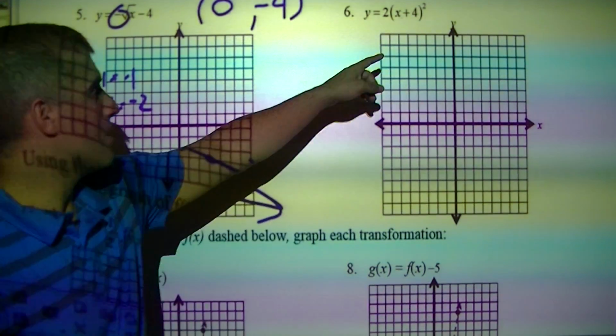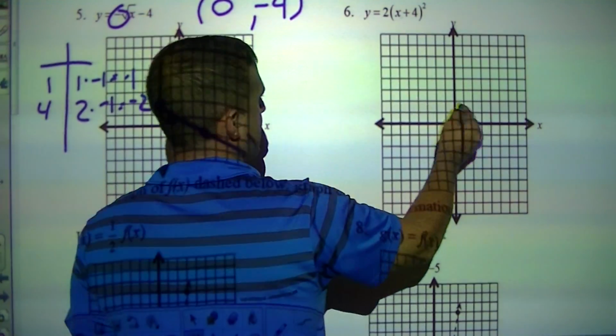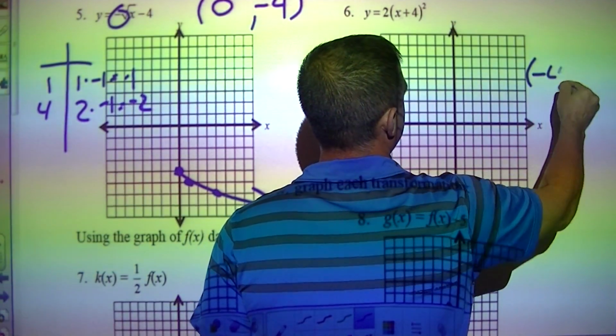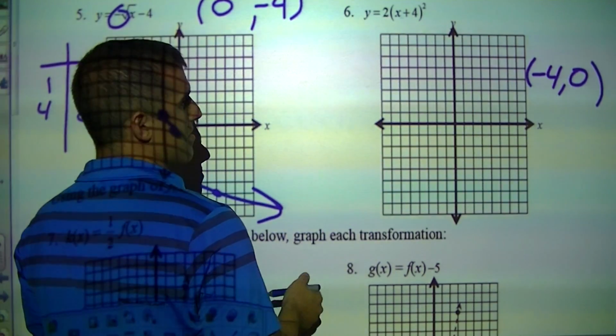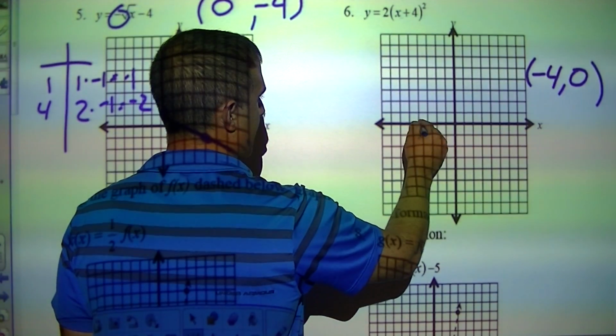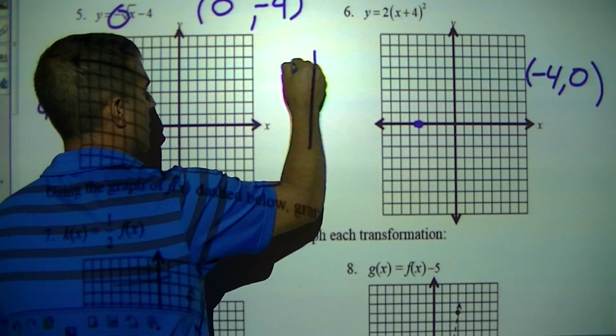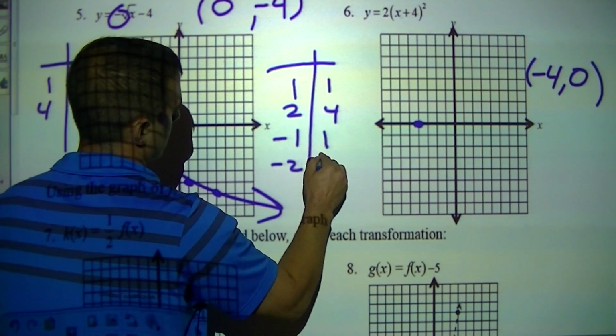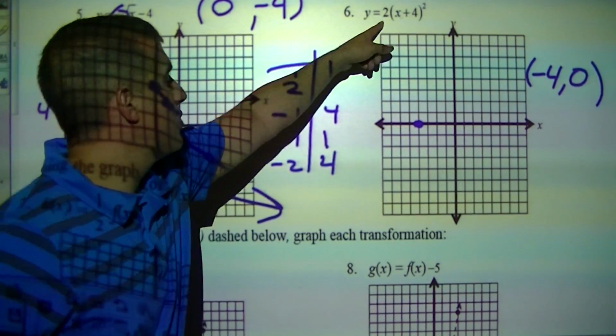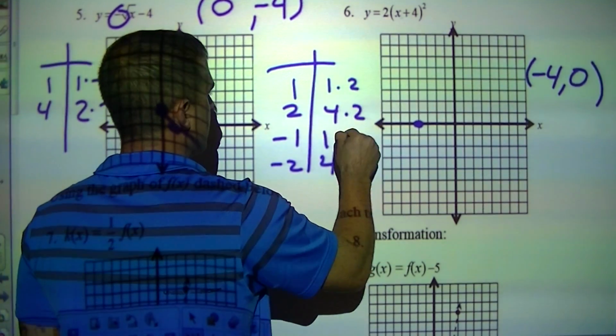This one, my anchor point there is going to be -4, 0, because that's on the inside. That 2 is not going to affect that anchor point. So -4, 0 is here. My normal points for this, the 2 is going to get multiplied by all these.